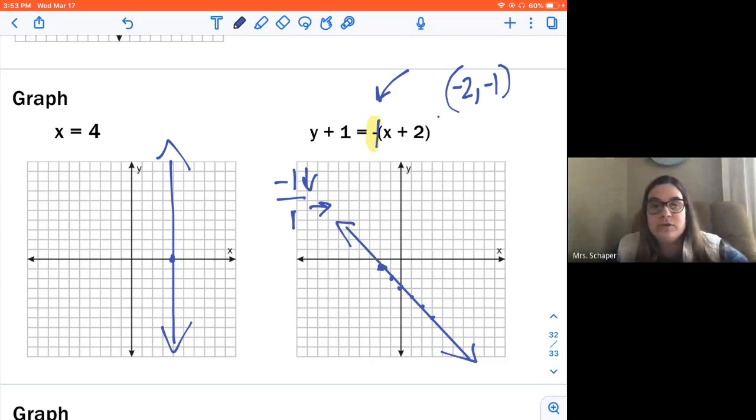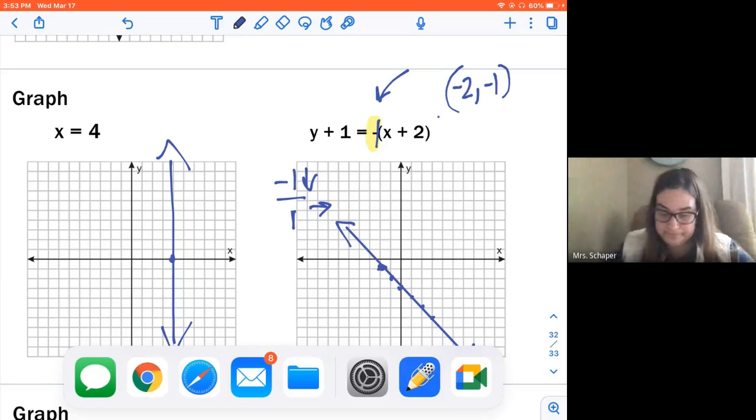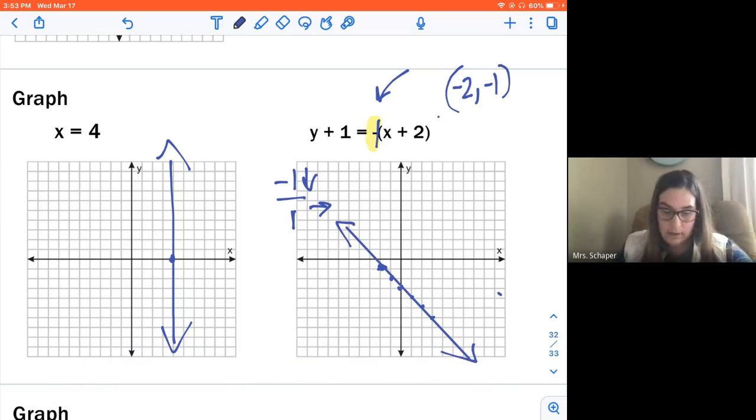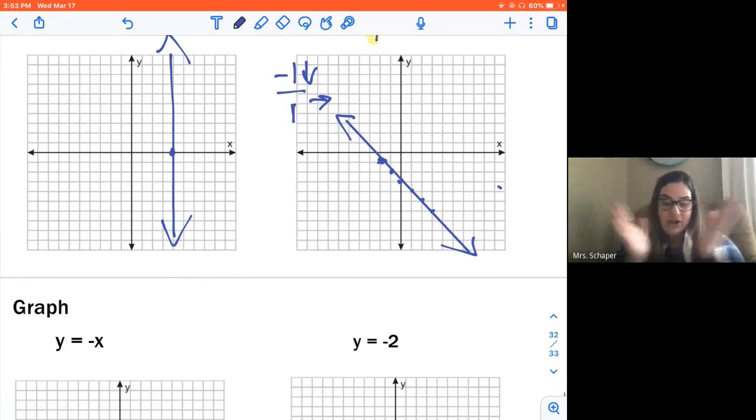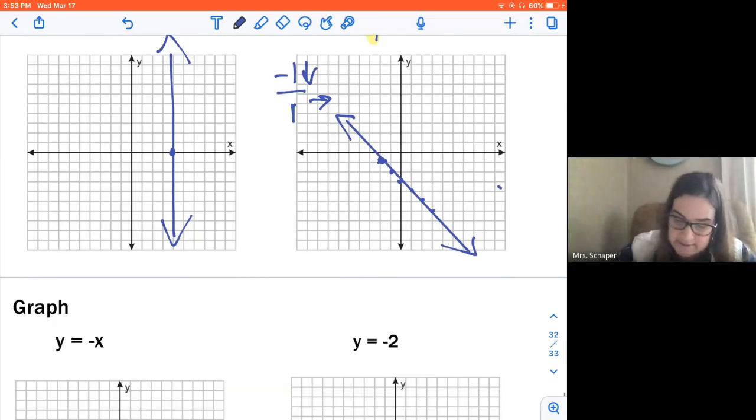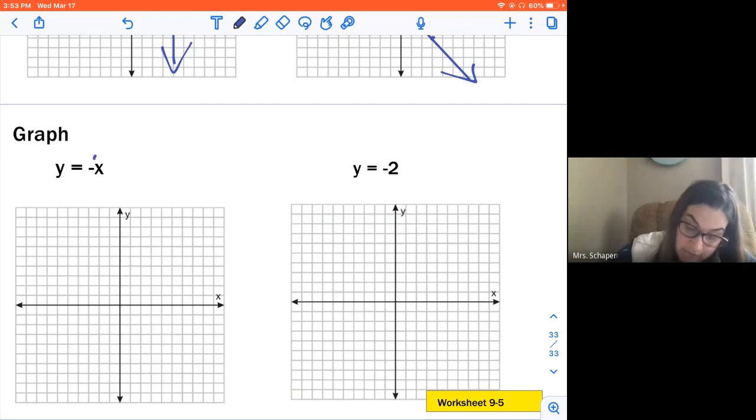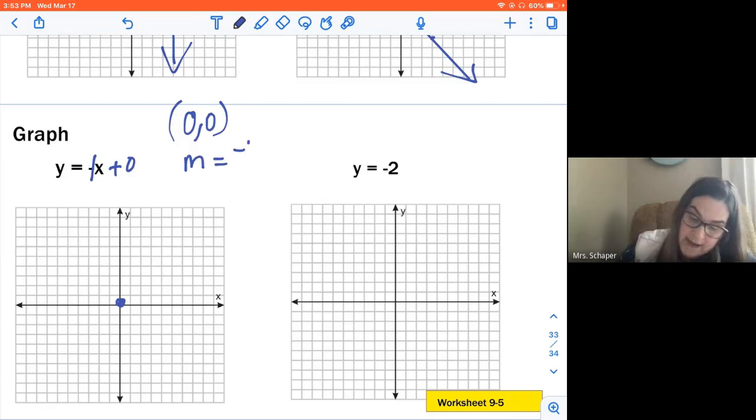All right, here we go. So there's my line. We got 2 more, and then you are going to work. Let's take a look. Y equals -x. Well, that's really y equals -1x plus 0. So my beginning point is the origin, and my slope is -1.